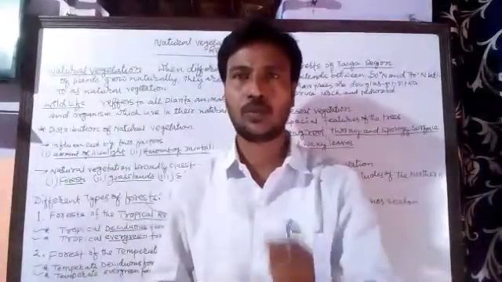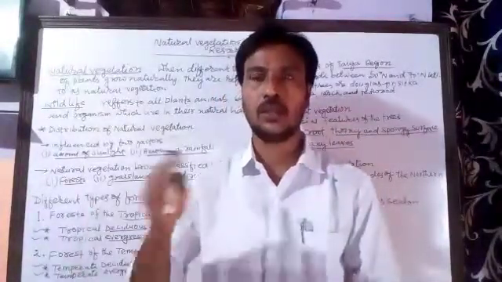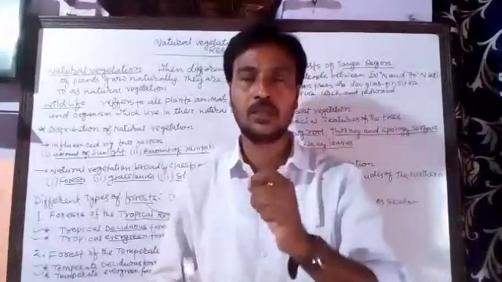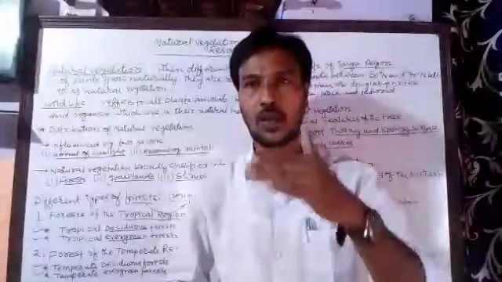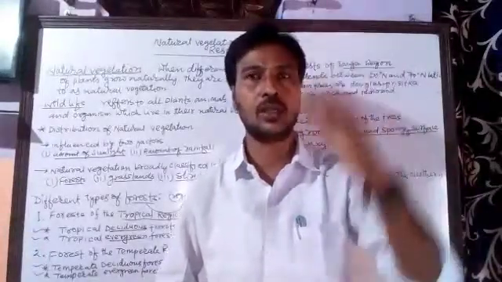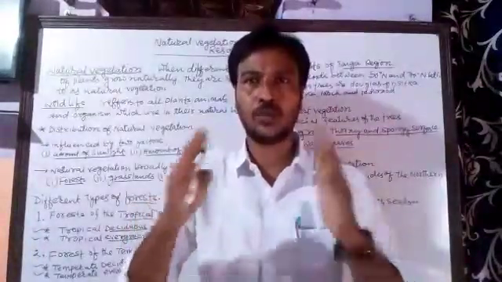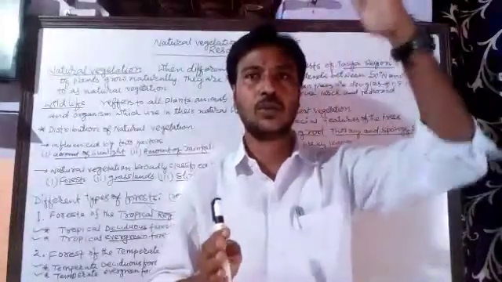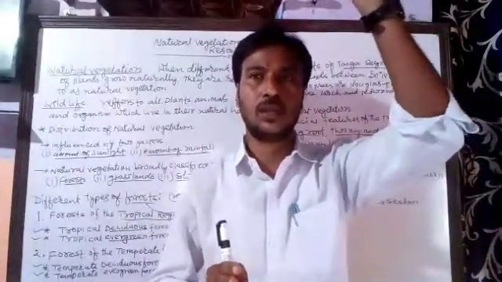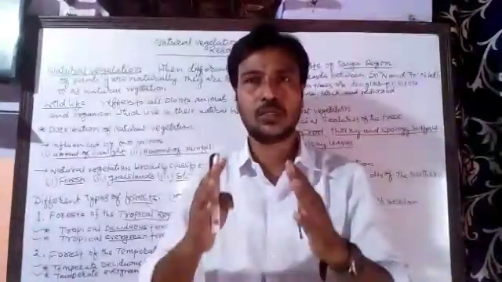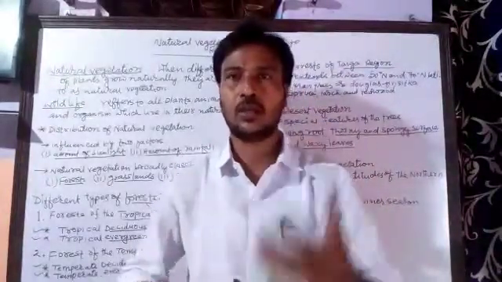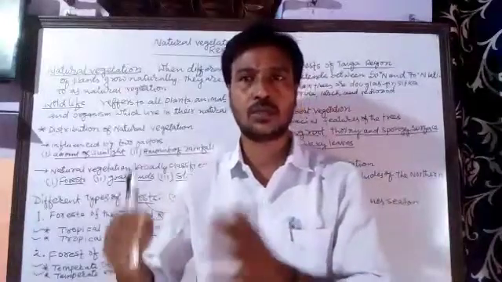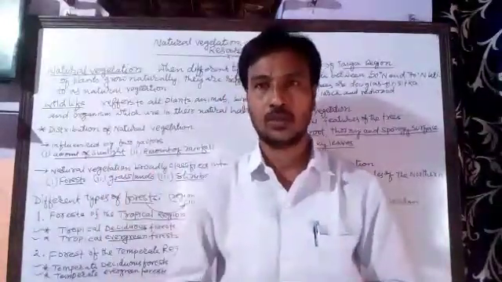Apart from this, there are other reasons also: the altitude, meaning the height of the land. In the hilly areas we see different types of coniferous trees. As we go to the top of the hills, in the high altitudes, very little vegetation grows, and there we see lichens, mosses or meadows.